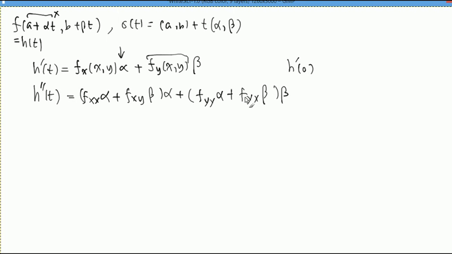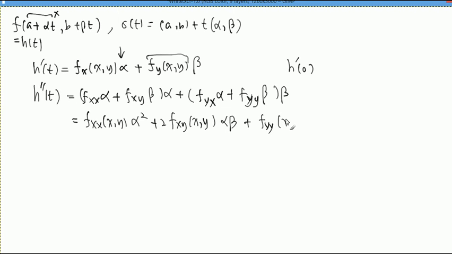If you do it one more time. This is correct, right? Like this? f yx and f yy. Okay, thank you. Now, Clairaut's theorem, and then it's simplified to, now I'm going to write it down, alpha squared, right? 2 copies of alpha beta, if it is continuous partial and all that, and we have f yy of x y, beta squared, correct?